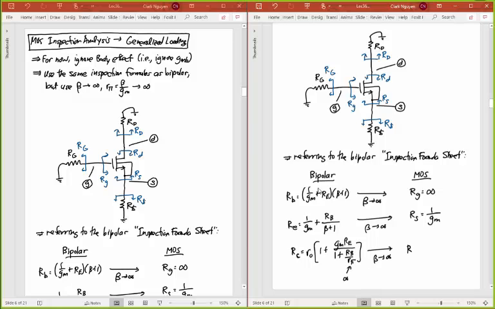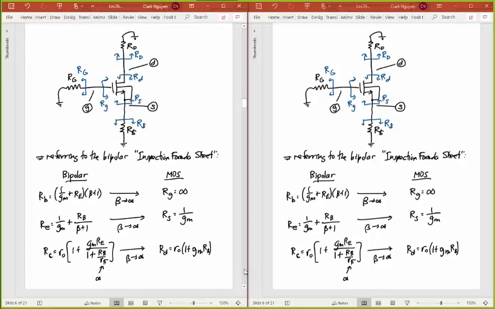And so now the resistance seen looking down into the drain of this circuit, this RD up here, just reduces to R naught times 1 plus GM times whatever resistance is hanging off of the source. And so you can see that for MOS, the equations simplify. If you have the bipolar equations memorized, you have the MOS equations immediately by just taking beta to infinity. A very easy thing to do.